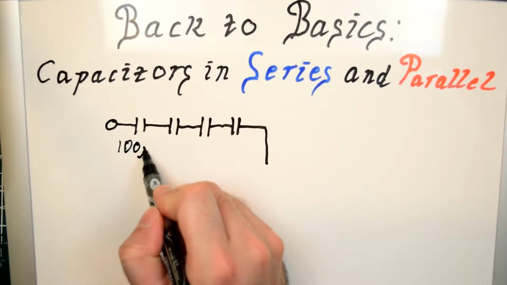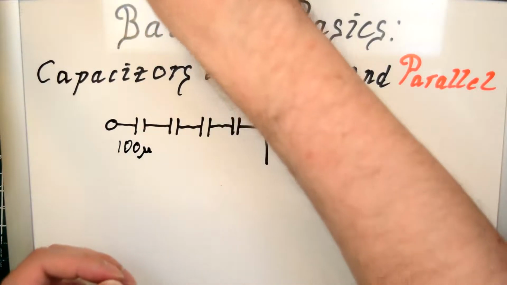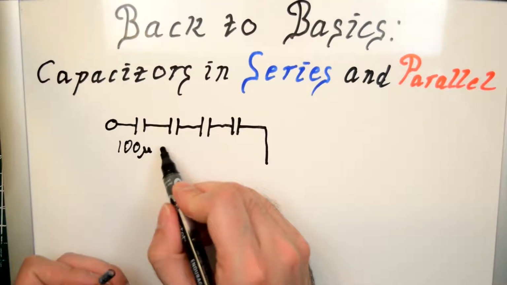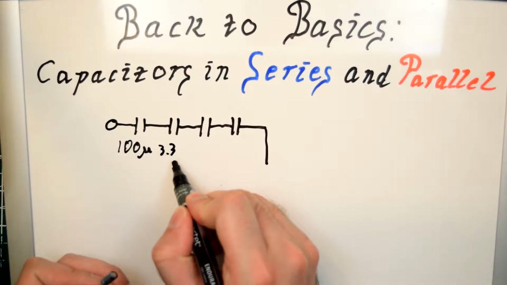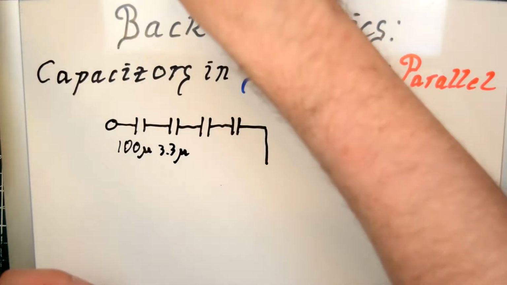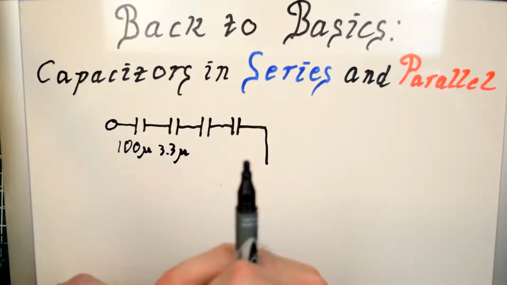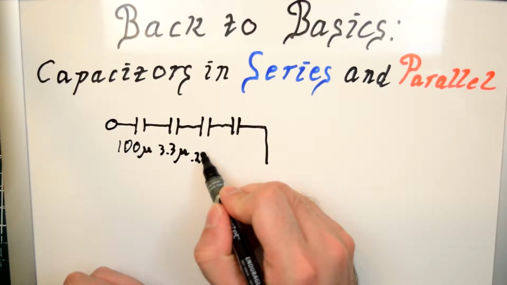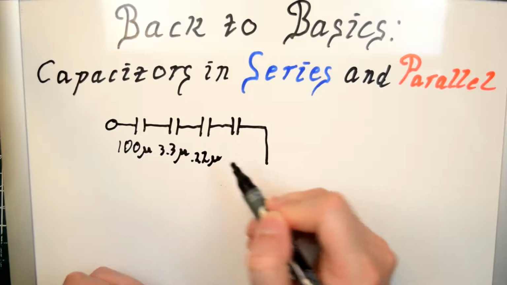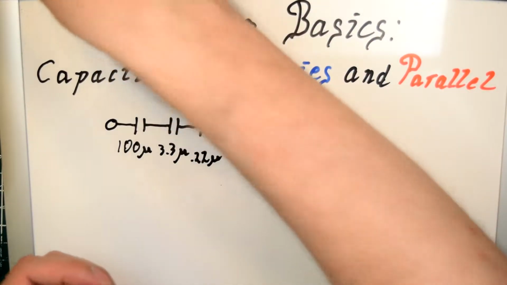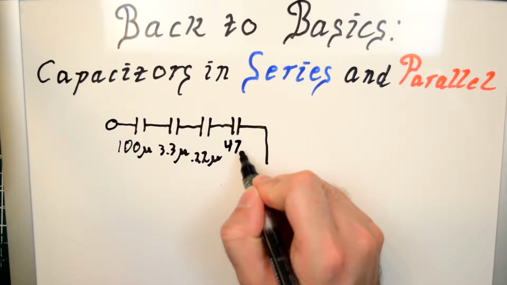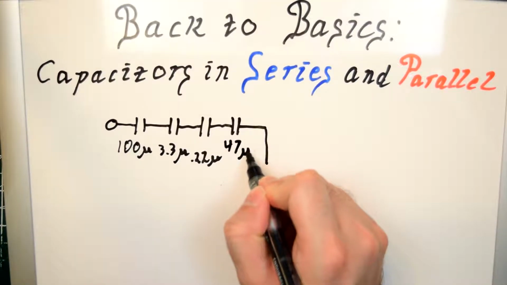And then this one is 3.3 micro. And then this one was 0.22 micro. And then this one was 47 micro. I should have left a little bit more room.